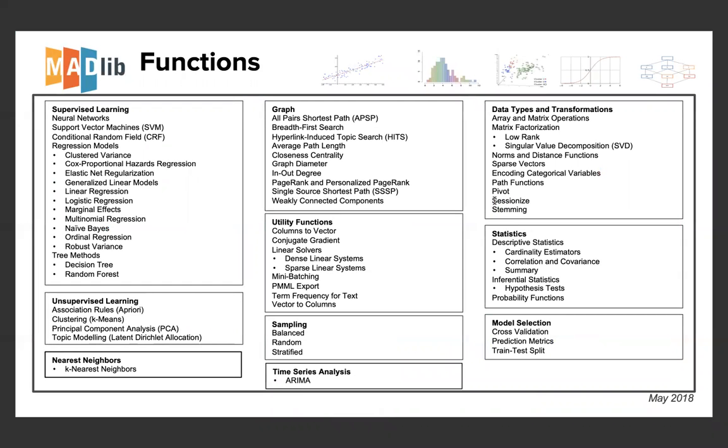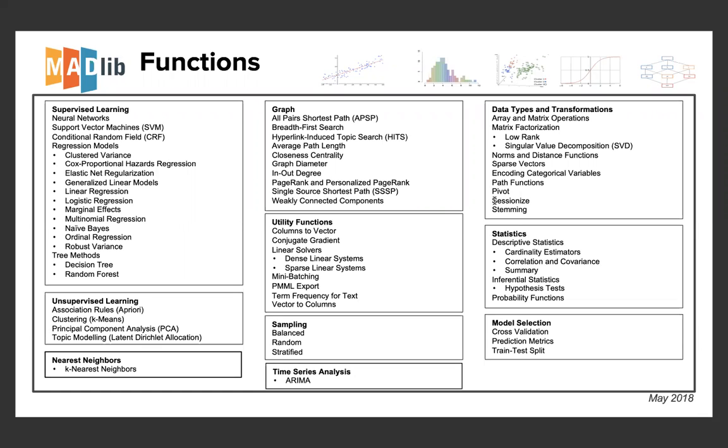MADlib is another project, which provides in-database analytics in Greenplum. It's an open source top-level project with a joint effort between the Greenplum engineering team and other teams like Berkeley University.